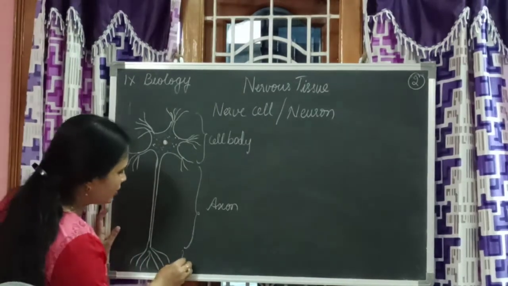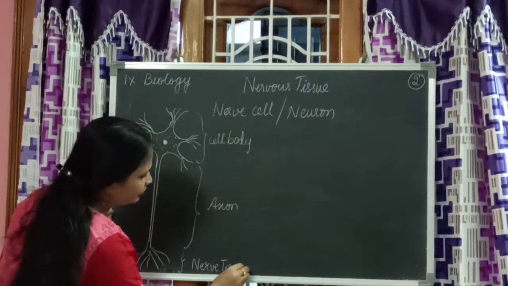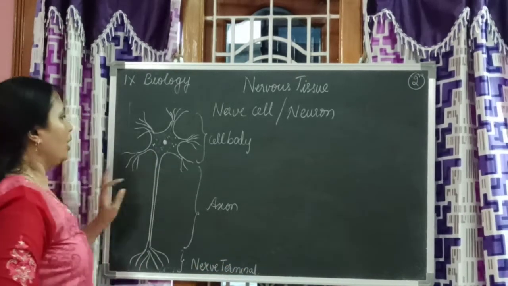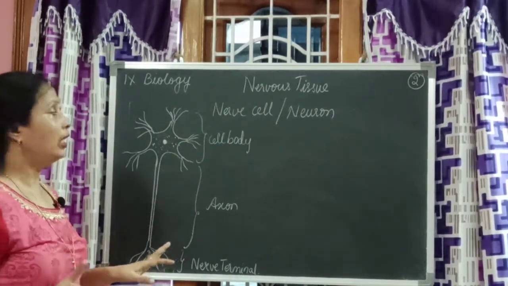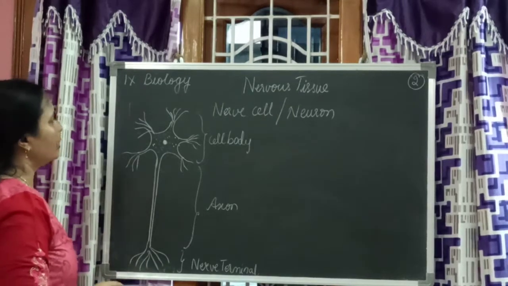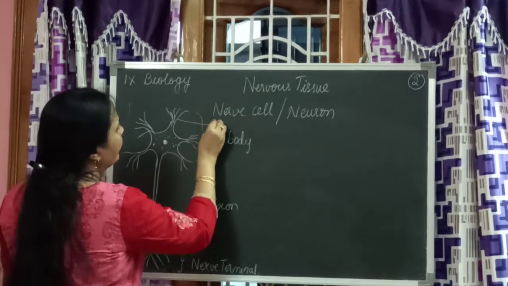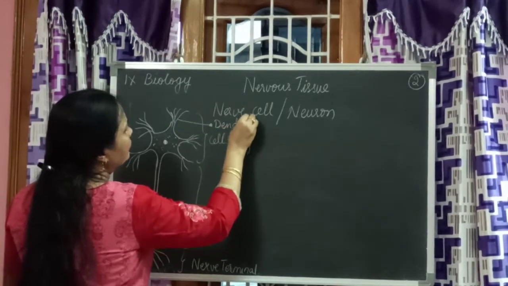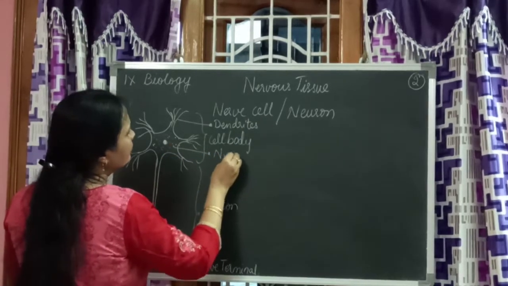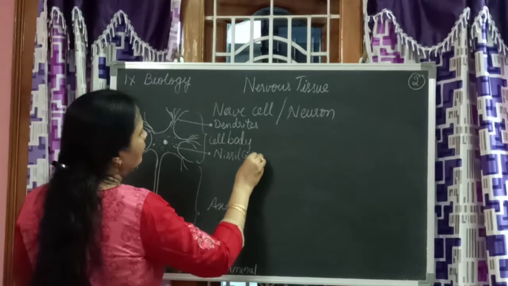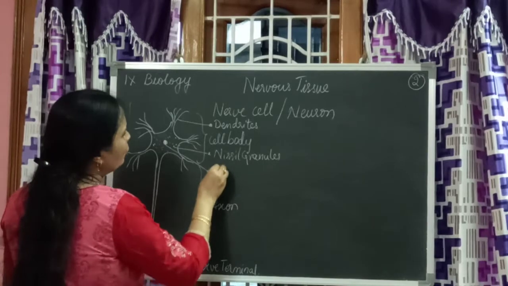Axon, and this is called the nerve terminal. Right. These are the parts of a nerve cell. Further, these are dendrites. These dots are Nissl granules, and this is the nucleus.